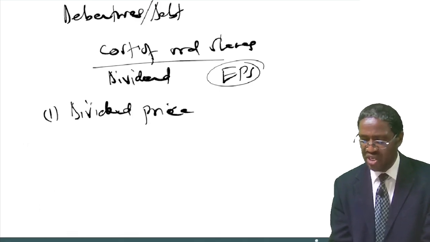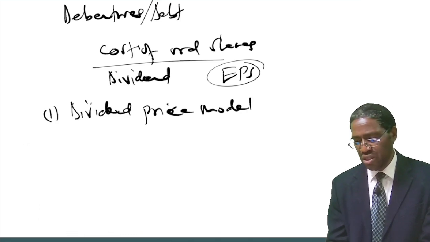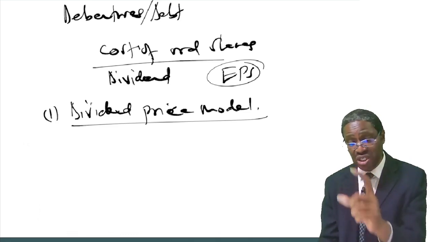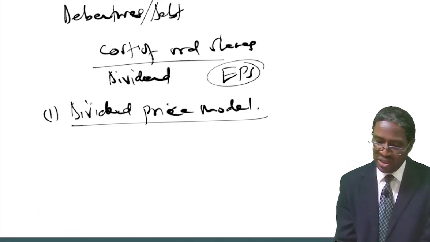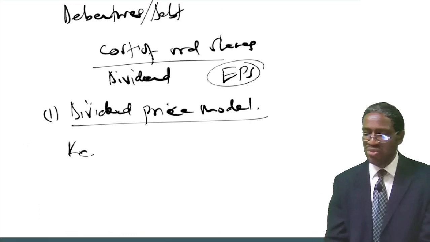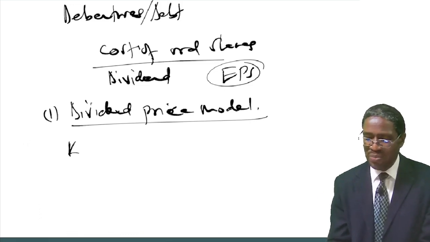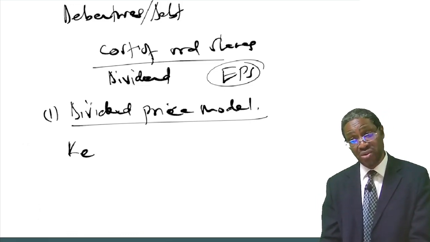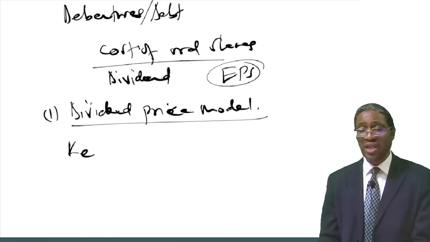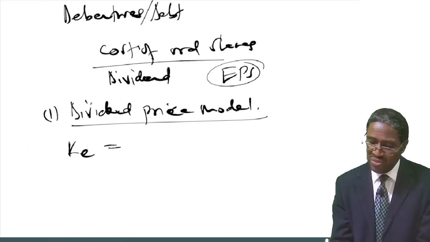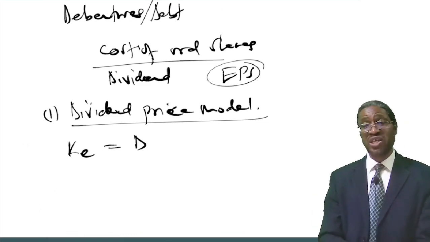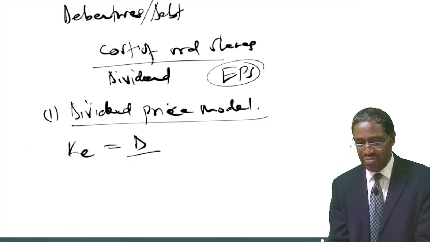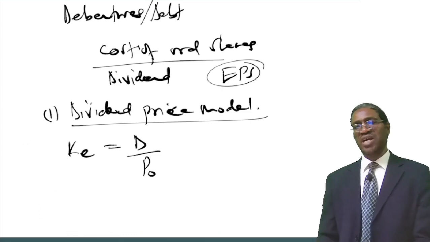Under this model, we shall be using KE as a representative of the cost of ordinary shares. To get the cost of ordinary shares, we take the dividend, which I'm representing by D, and divide that by P0.